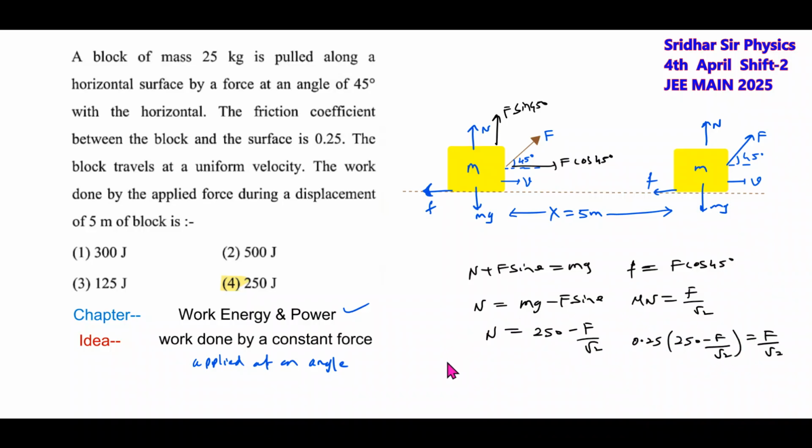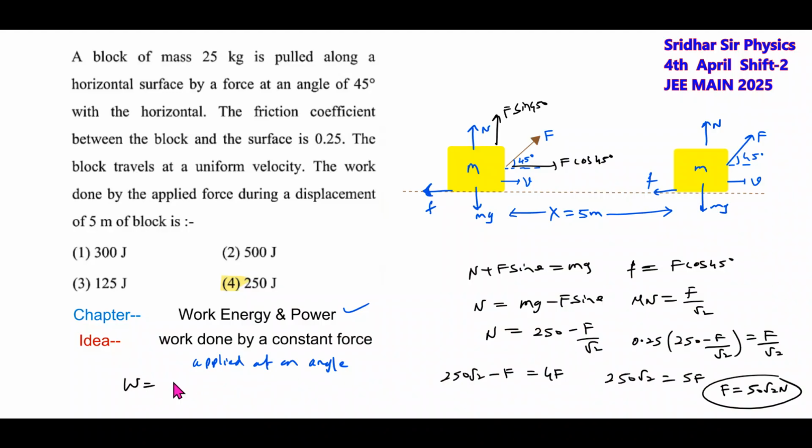We have to calculate this one. So this will become 1 by 4. 250 root 2 minus F equal to 4F. 250 root 2 equal to 5F. F equal to 50 root 2 Newton.